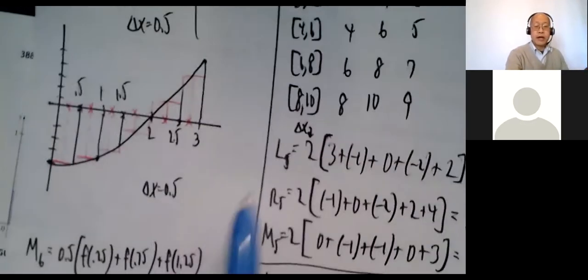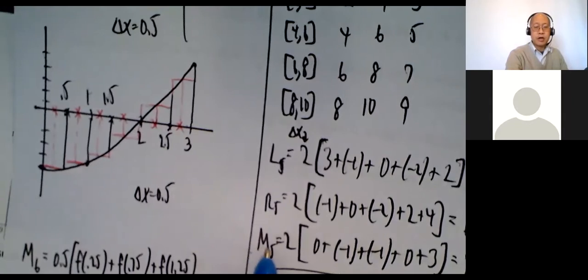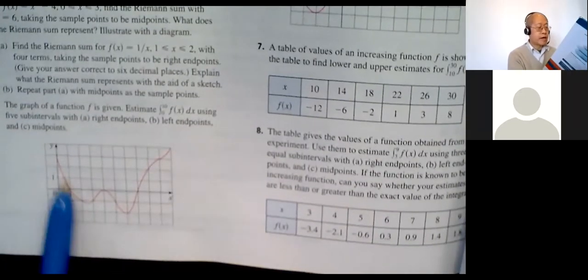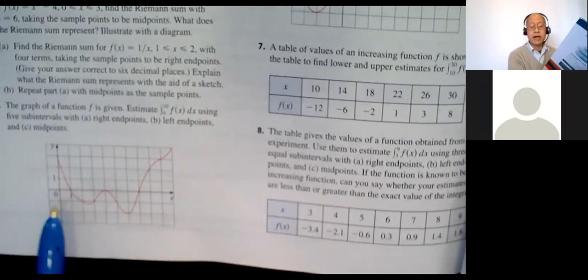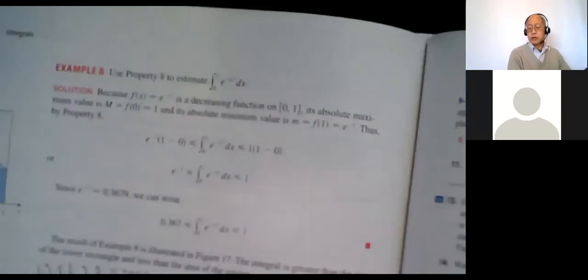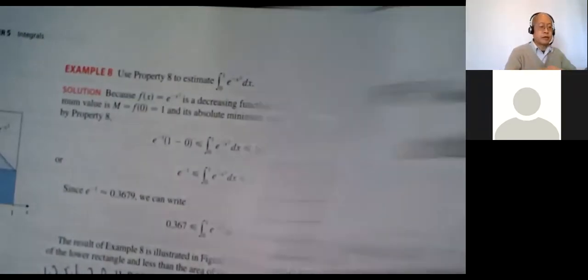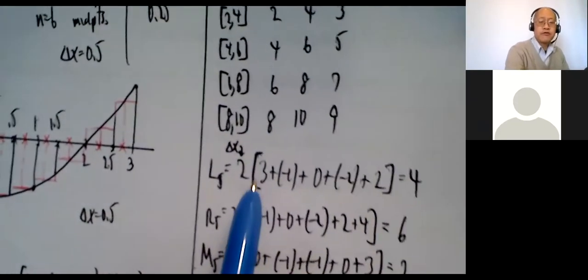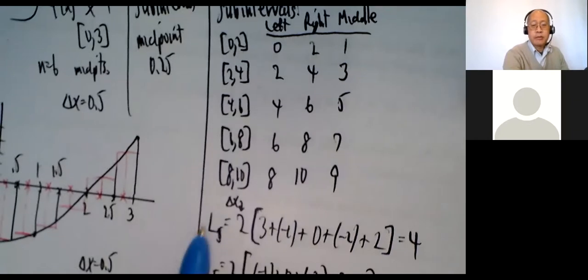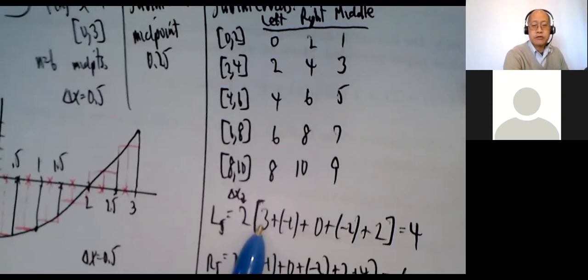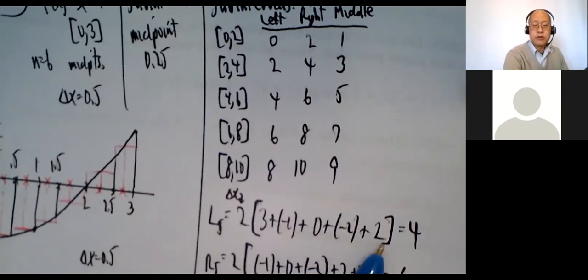Right, so once again, I want L5, R5, and M5. Okay, my delta x is 2. So if you were to make those rectangles, when you go base times height, and so on, remember the heights might actually be depths. All the delta x's are 2. So for all of these, it's going to be 2 times something. And then the function values, that is the heights, if I'm doing L5, then at the left endpoints, 0, 2, 4, 6, 8, the heights are 3, -1, 0, -2, and 2.